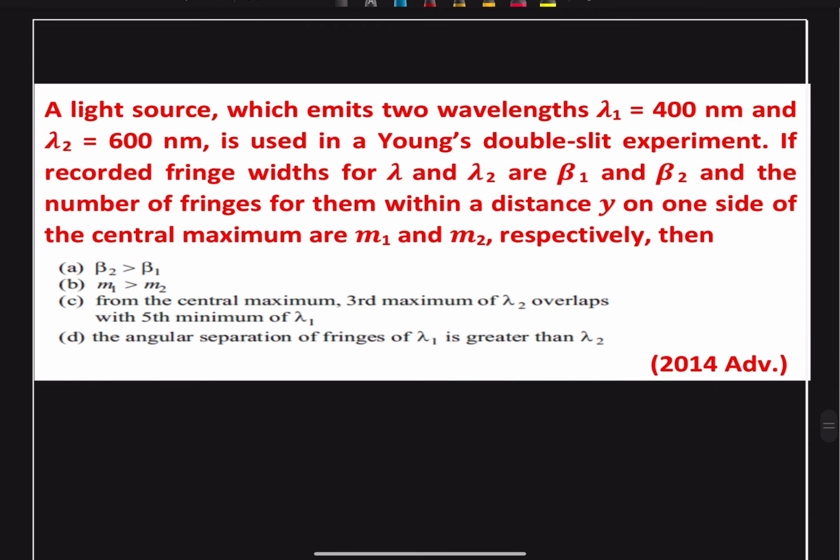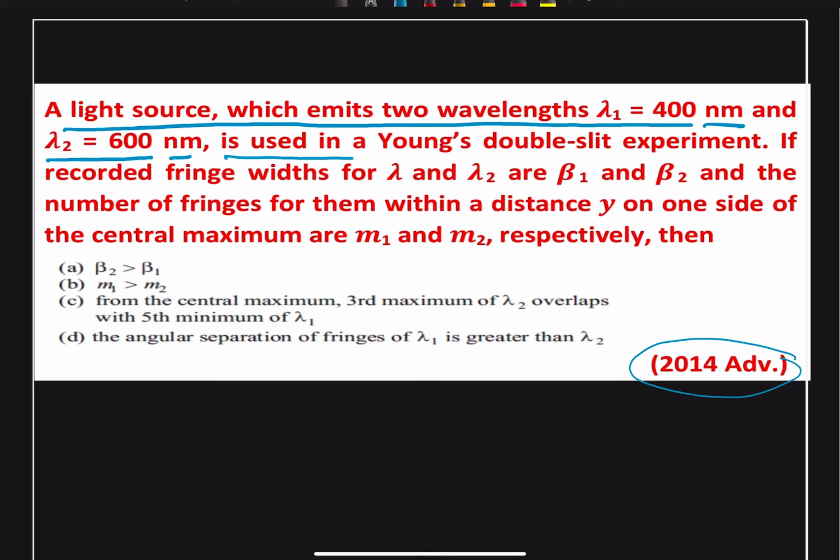It was asked in the year 2014 Advanced, and it states that a bright source which emits two wavelengths, lambda 1 400 nanometer and lambda 2 600 nanometer, is used in Young's double slit experiment.